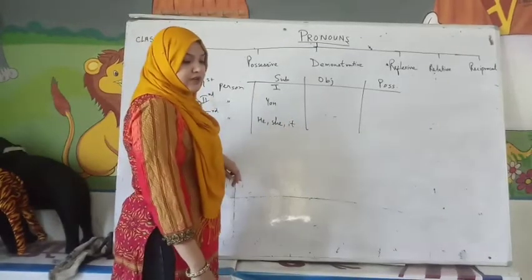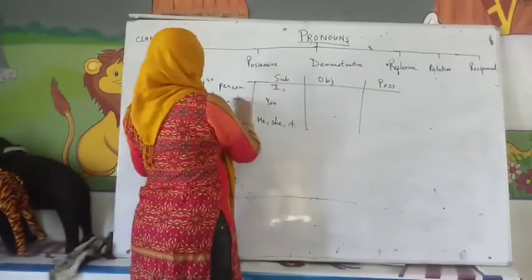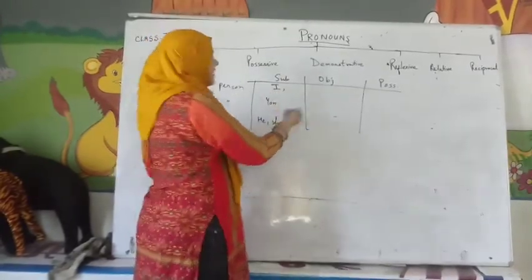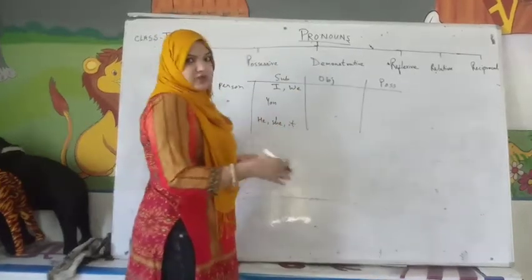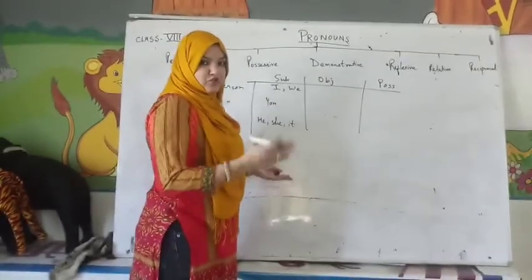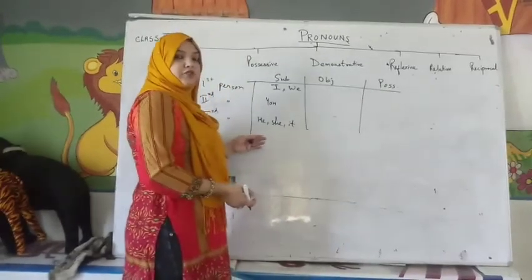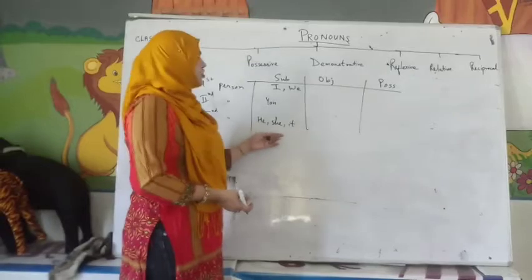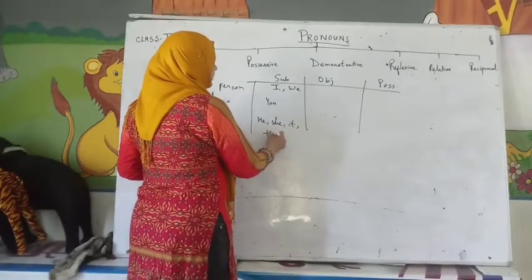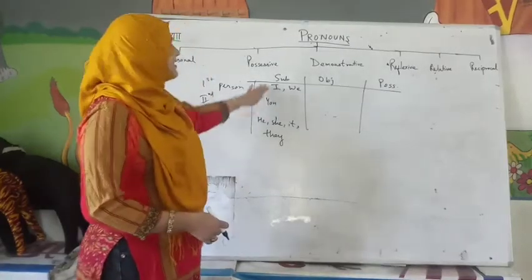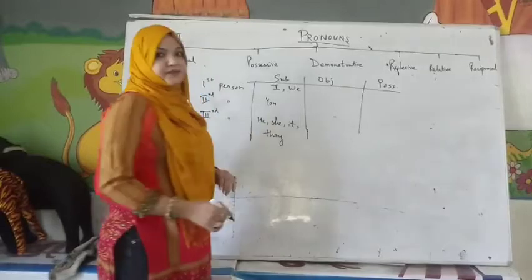If you're taking first person, singular I, otherwise we. Plural, you use you only. You is also used in singular and plural. And in third person, singular he, she, it, and plural they. Understood?